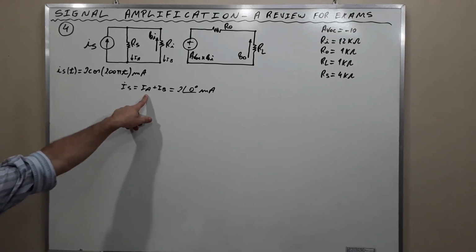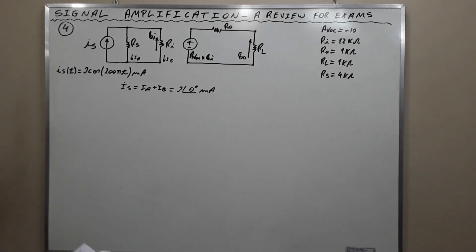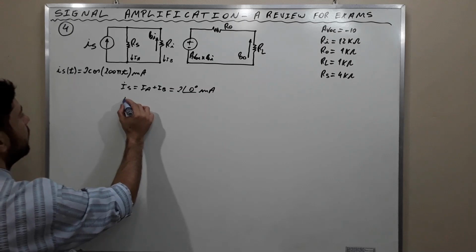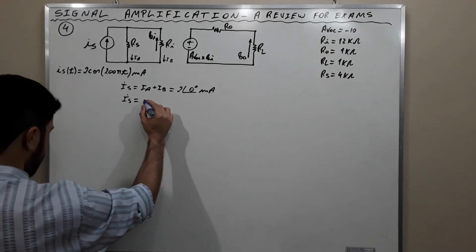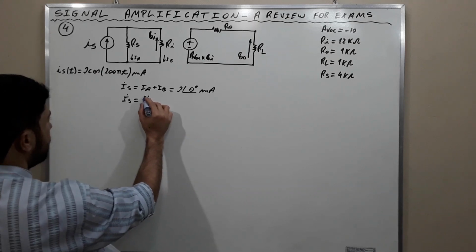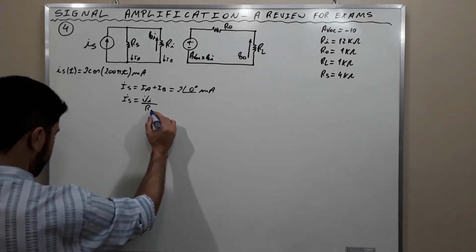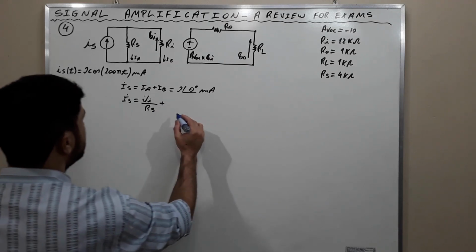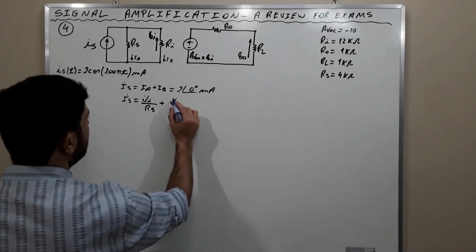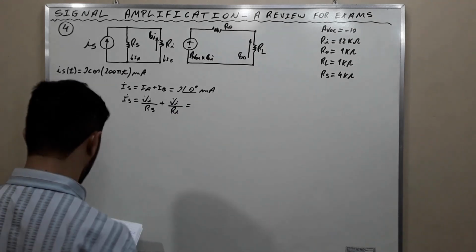We can write these currents in terms of voltage and resistance. Let's do it. IS is equal to VI over RS plus VI over RI. Okay?